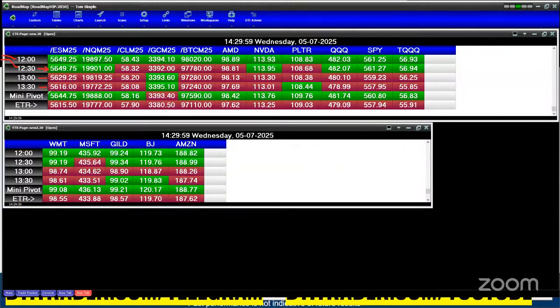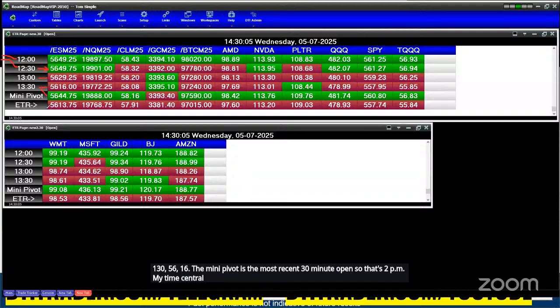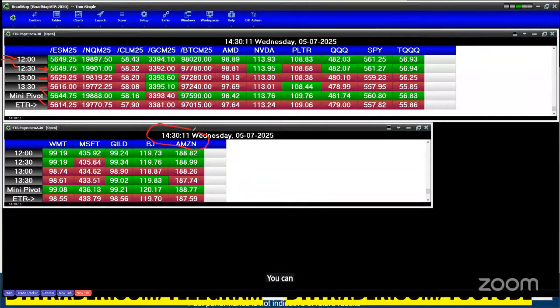The mini pivot is the most recent 30-minute open, so that's 2 p.m. my time, Central. And then the ETR line is the current price. You can see that the clock just struck 2:30 my time. It takes about a minute, so in about 45 seconds or so, you'll actually see all this shift upwards.